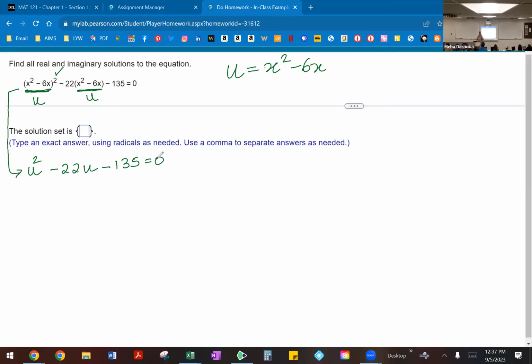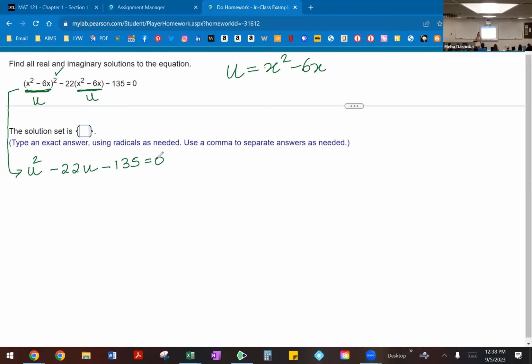Now, because it looks like a quadratic, right? I just have some variable to the second power, minus 22u, minus 135. Let's see if factoring will work. I know we're dealing with 135, which could give us multiple different options. Does anybody know what would be a good place to start? What numbers would multiply to give us 135?